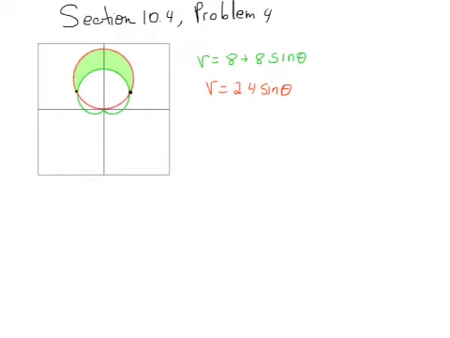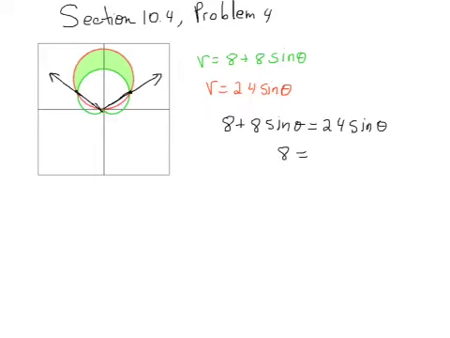Okay, and so I want to find that angle and that angle. I'm going to do that by setting those two equations equal to each other. So set that equal to 24 sine theta. Subtract 8 sine theta from both sides, I would get 8 equals 16 sine theta.